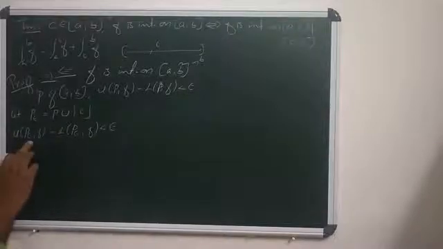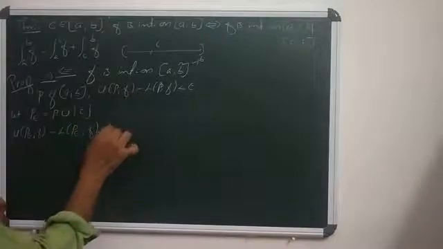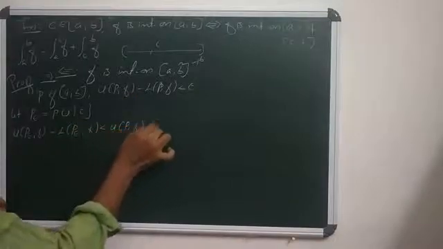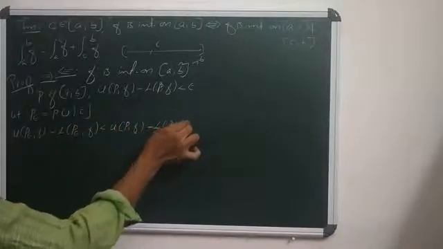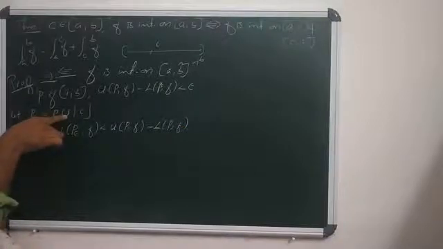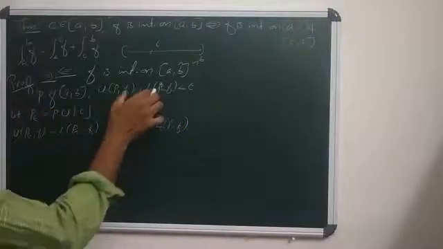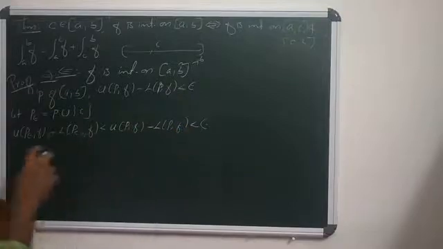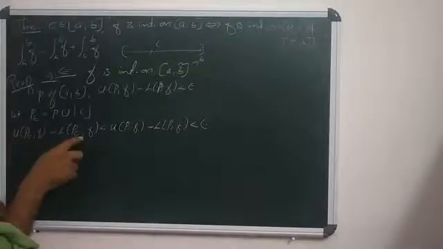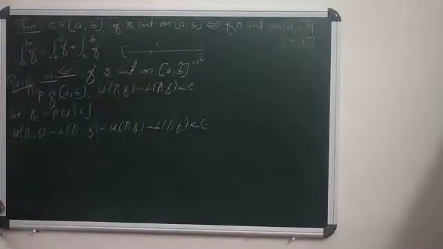Because U(P epsilon,f) minus L(P epsilon,f) is less than U(P,f) minus L(P,f), since P epsilon is a refinement of P. But U(P,f) minus L(P,f) is strictly less than epsilon. Thus, U(P epsilon,f) minus L(P epsilon,f) is strictly less than epsilon, because of the choice of P epsilon, which is the refinement of P, set as P union {c}.